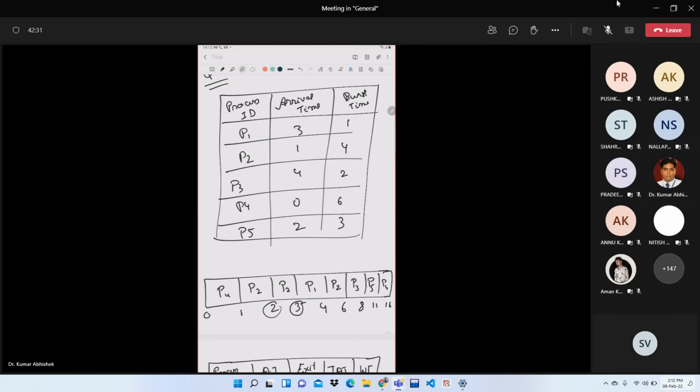Just a minute. P4 has 5 remaining. P2 at time 2 has 3 remaining. P5 has 3 remaining. How is it lower burst time than P2? Here we are having a tie over here.